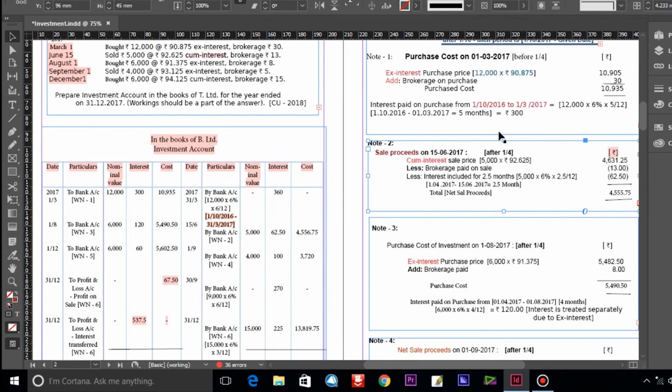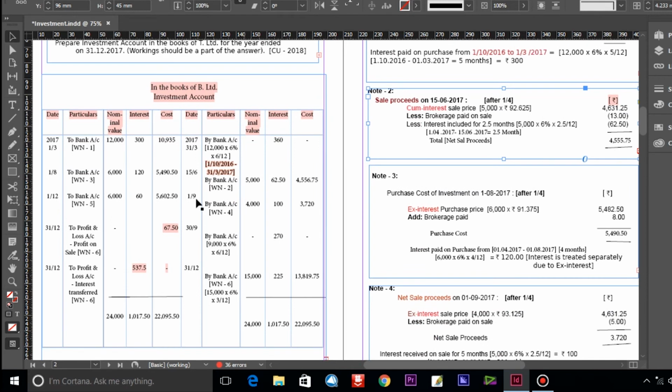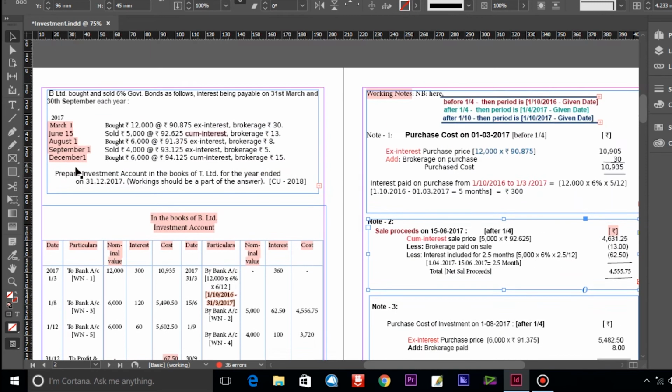Therefore, on 12,000 rupees, we have to charge interest for 6 months, because up to 1/3/2017, 5 months we have already got. Therefore, that month will be included in it, making it 6 months. Therefore, 6/12 into 12,000 into 6%, interest is appearing as 360.